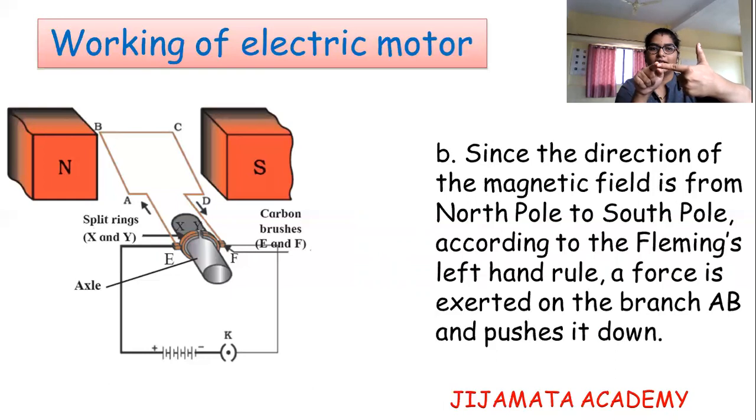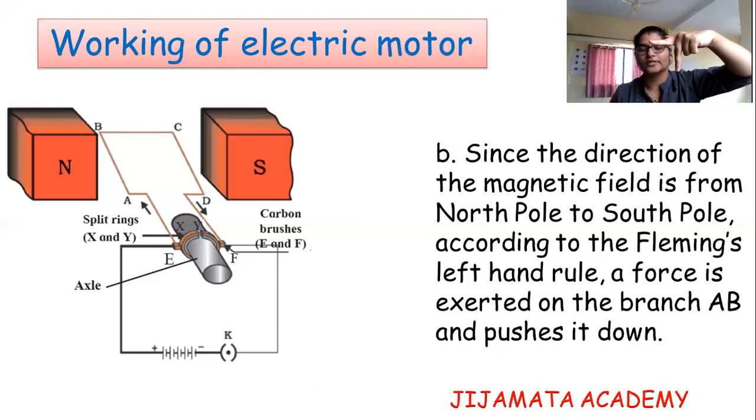The magnetic field is from north to south, perpendicular to the direction of the electric current. So according to Fleming's rule, the outward force which will act on this conductor will pull this AB branch in the downward direction.